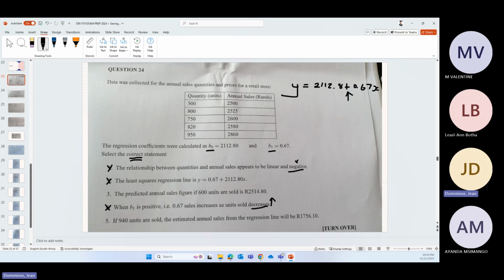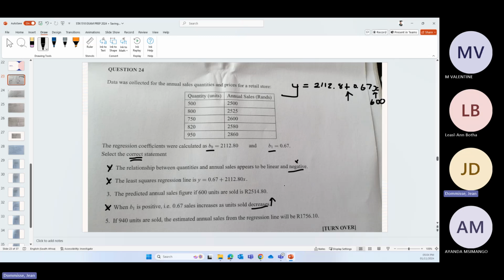The predicted annual sales figure if 600 units are sold, so then we'll put 600 in the place of X. So on the calculator, 600 times 0.67, which is 402.